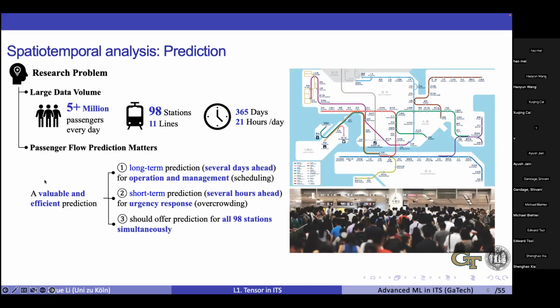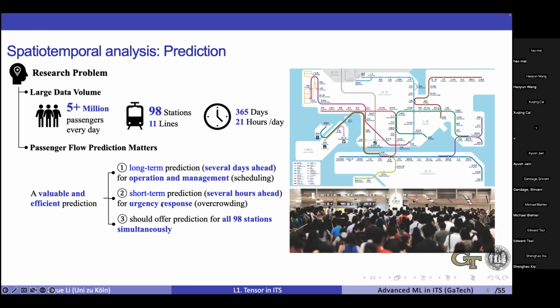Because we can understand the question in two ways. For example, long-term prediction, several days ahead, can help the metro companies to better arrange the operations, management, and scheduling in advance. The second concept is short-term prediction, for example, a few hours ahead.